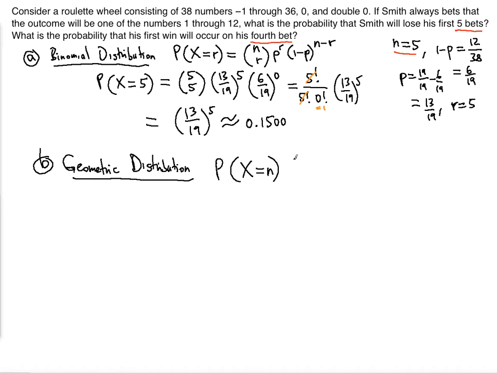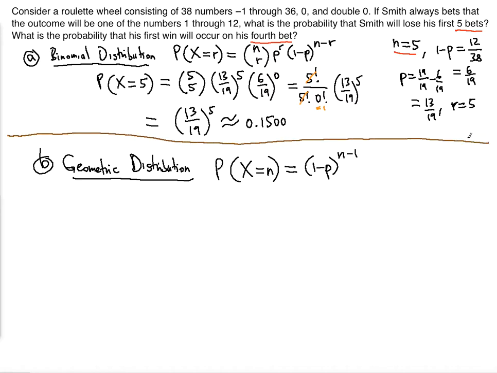That's going to be equal to 1 minus p raised to the power of n minus 1, because we talked about, and I'm going to separate this actually because 1 minus p and p will be different in this case, so I don't want you to mix them up. So 1 minus p is the probability of failure in this case for this distribution, right?